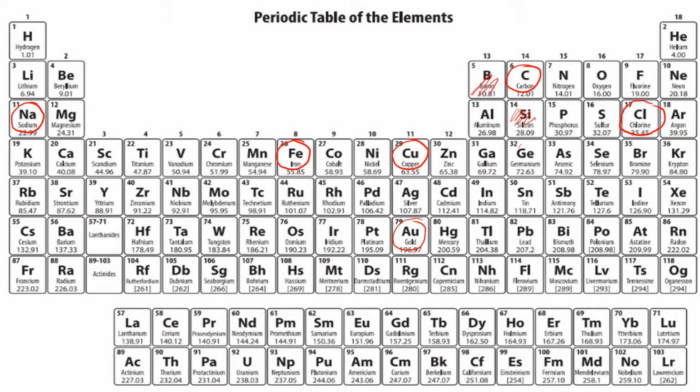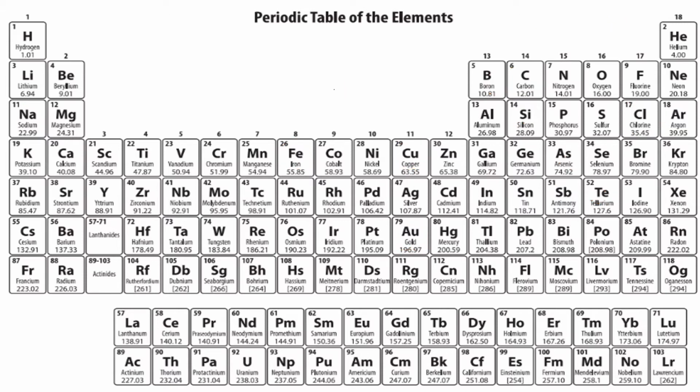Any element that goes to the right is your non-metal. And the side that goes to the left of this border line is part of your metals. That's why your sodium, iron, copper, and gold are metals. Your carbon and your chlorine are your non-metals.